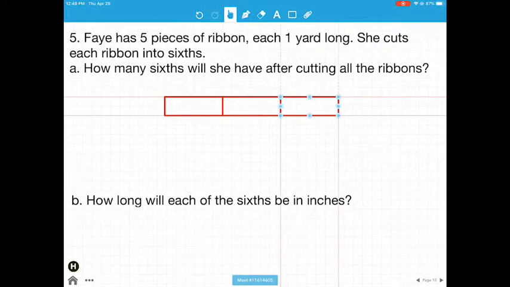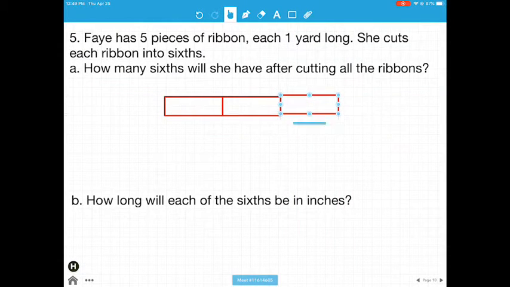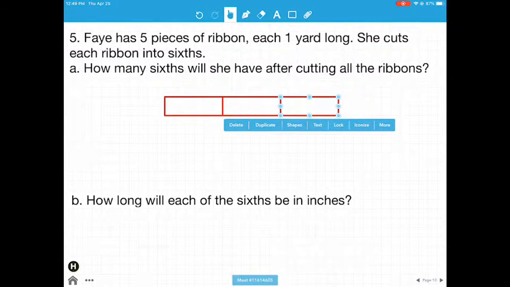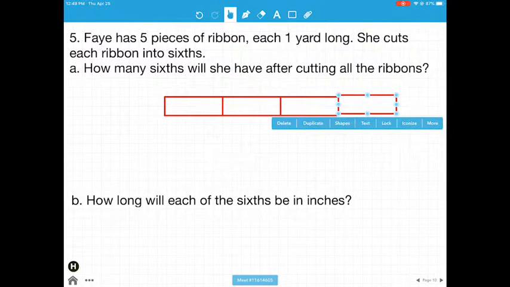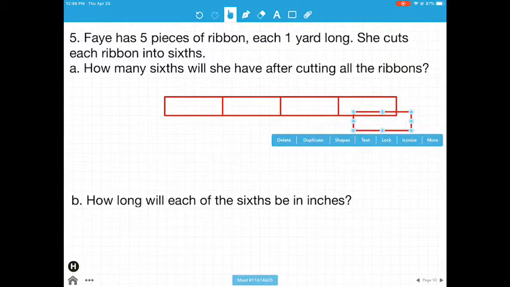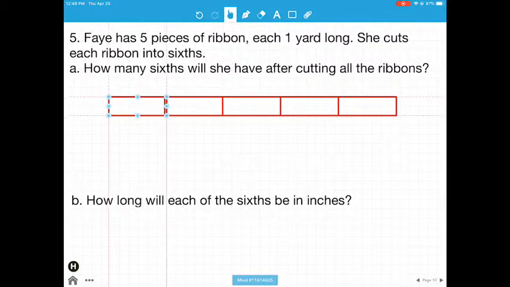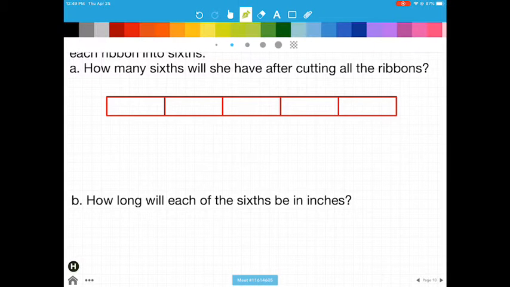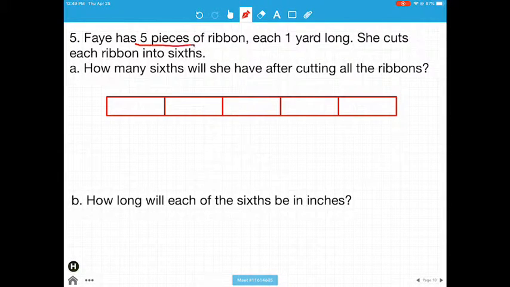There's another piece, another piece, and there's another piece of ribbon. Oh, there's 5 pieces of ribbon. We start off with 5 pieces of ribbon.